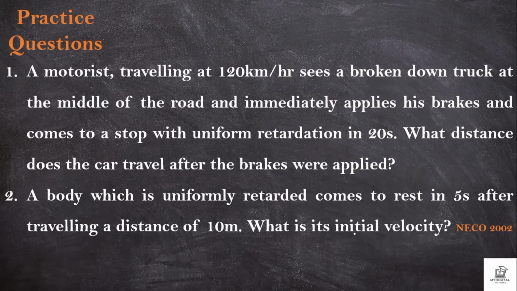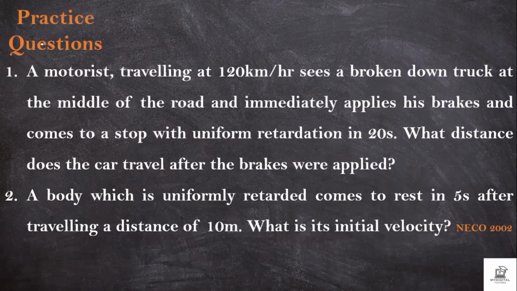And the next question says, a body which is uniformly retarded comes to rest in 5 seconds after traveling a distance of 10 meters. What is its initial velocity? So just pause the video and try these questions and see if you can handle them. Whatever may be your answer, come back and see the solution to the practice questions.